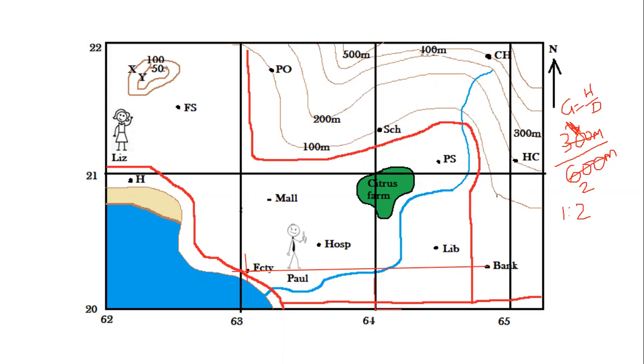So in this case, the grid square in which the post office is located is 6321. And this is where Paul, Liz, and Liz's mother will walk to from church.